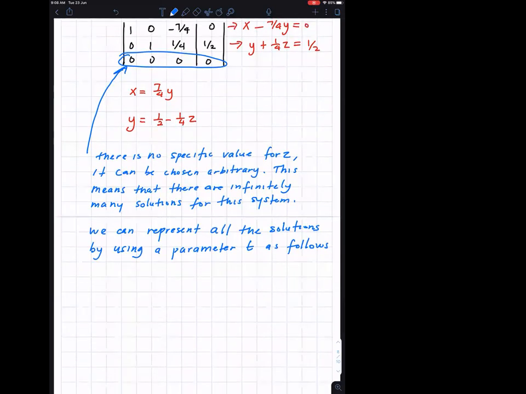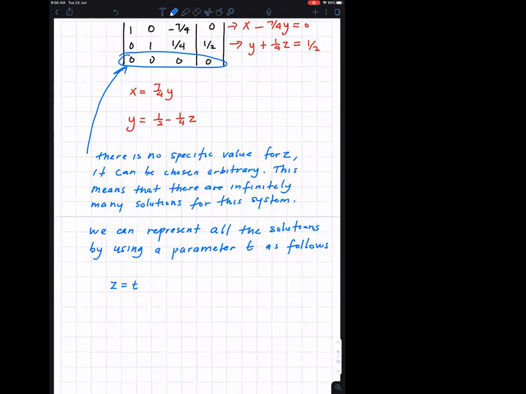Now you can just say, we don't know what z is, so we just let z be t. Because z can be any value, right? It can be 0, I don't know if it can be 0, but let z be t.